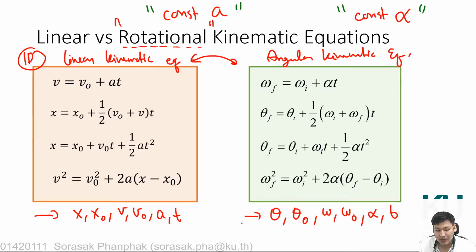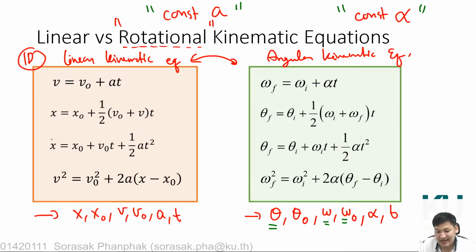Now, rather than the terminal position, you have the terminal angular position here, and this is the initial angular position. This is the terminal angular speed, or you can call it velocity because you know the direction if you know how to use your right-hand rule, right? And omega zero is the initial angular speed, alpha is the angular acceleration, and t is the time.